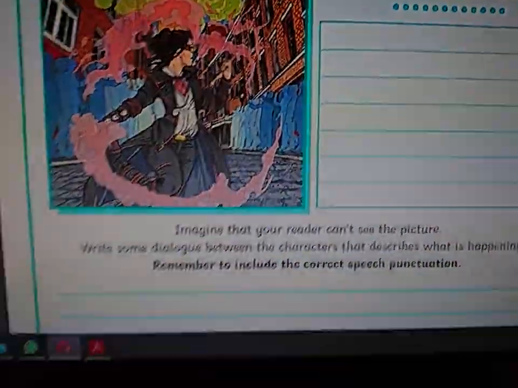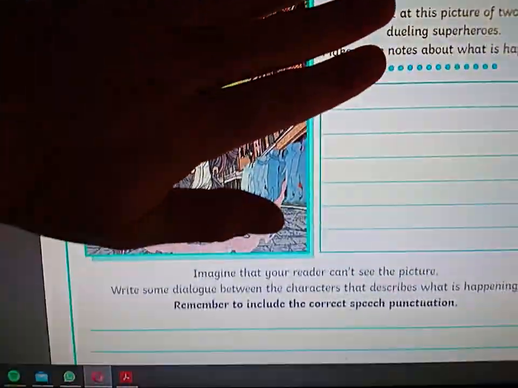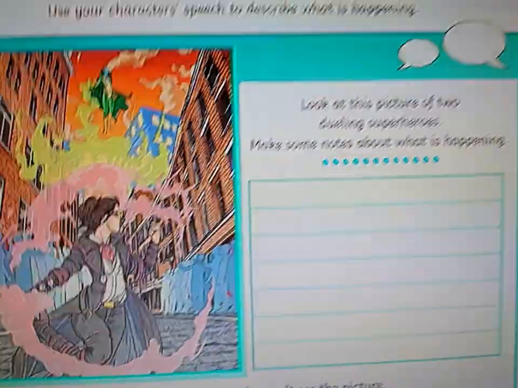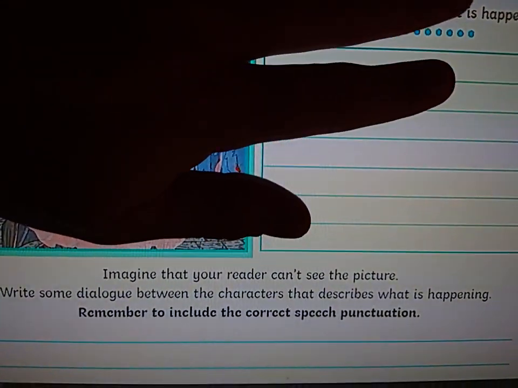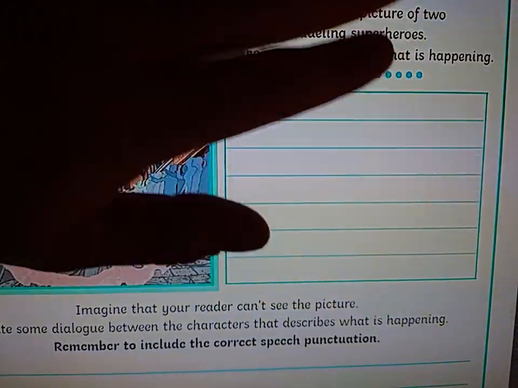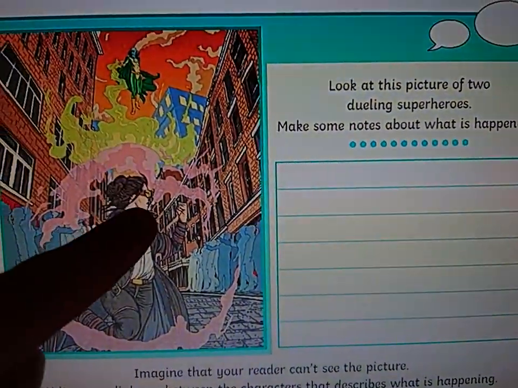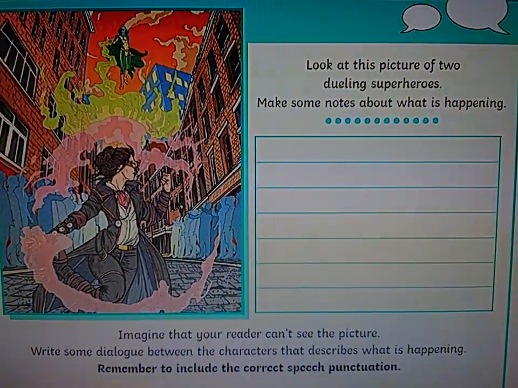Okay, so once you've done that, it then says, imagine your reader can't see the picture. I almost broke my computer then. Imagine that your character can't see the picture. There we go. Write some dialogue between the characters that describes what's happening. So you've got to write a dialogue between these 2 people, these 2 superheroes, describing what's happening.